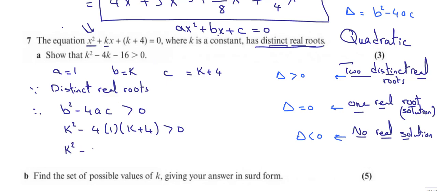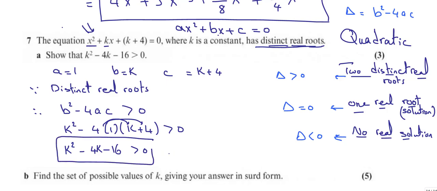So minus 4 multiplied by k and 4 by 4. Minus 4k minus 16 is greater than 0, which is perfectly what we want. How many marks for this part? 3 marks. Very nice الحقيقة لأنها سهلة. خلاص done with the discriminant.